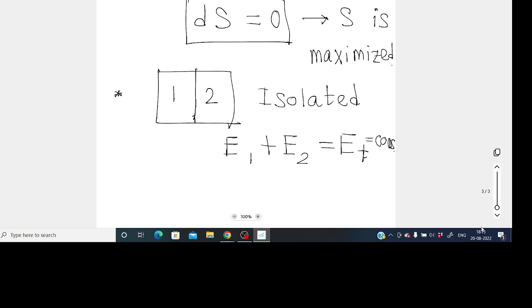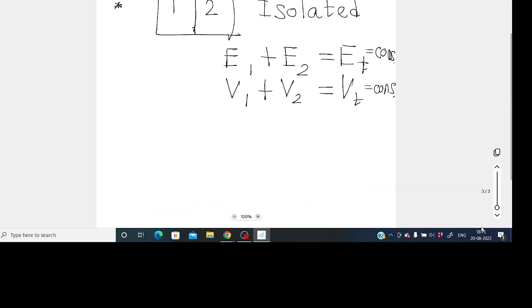Similarly, we have V1 plus V2 equal to Vt, which is constant, and N1 plus N2 equal to Nt, which is also constant. As the overall system is isolated, we have Et, Vt, and Nt constant.